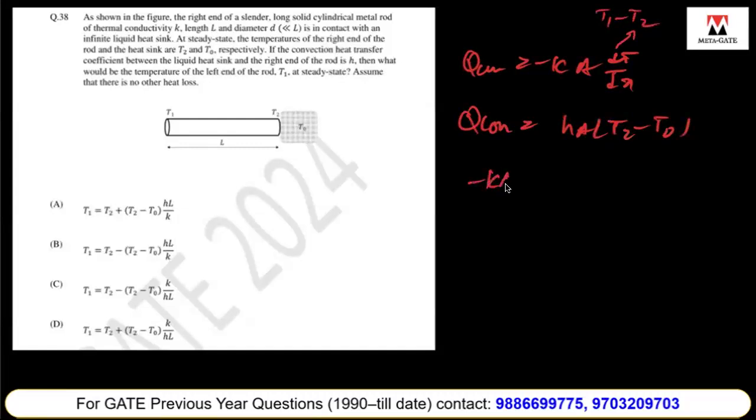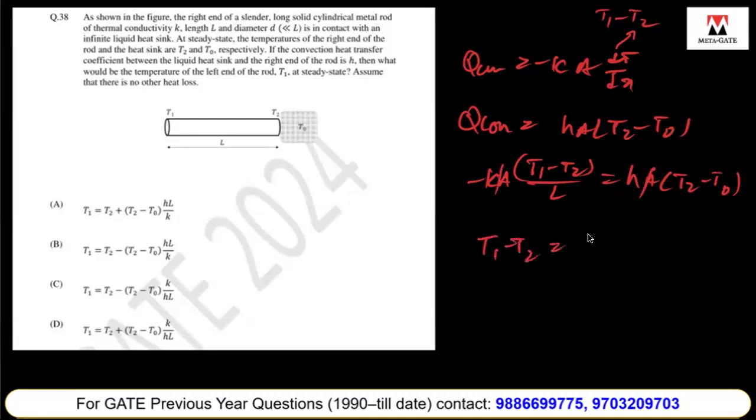So minus KA (T1 minus T2) by L is equal to hA (T2 minus T0). The conductivity is given, so A gets cancelled. You want to find T1. So T1 minus T2 is equal to minus hL by K into (T2 minus T0). So T1 is equal to T2 minus hL by K into (T2 minus T0).